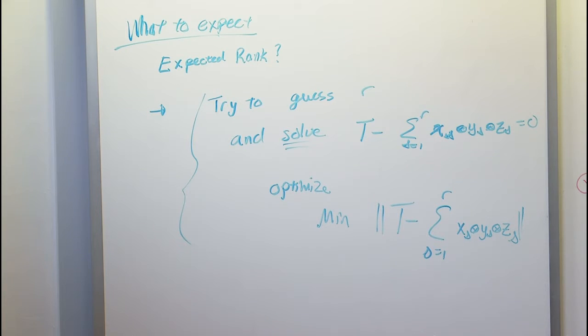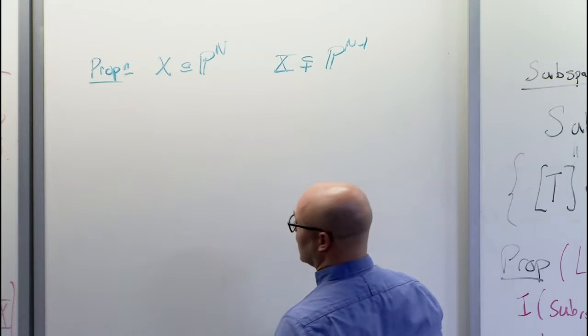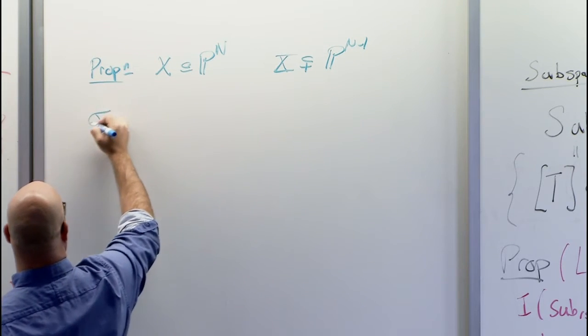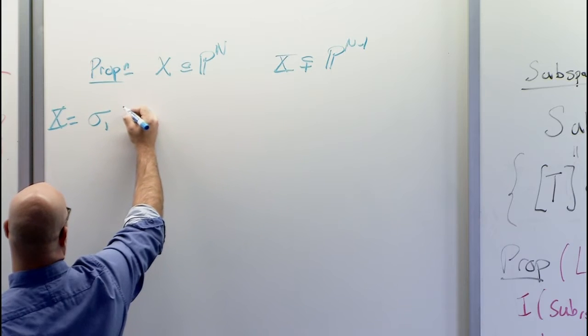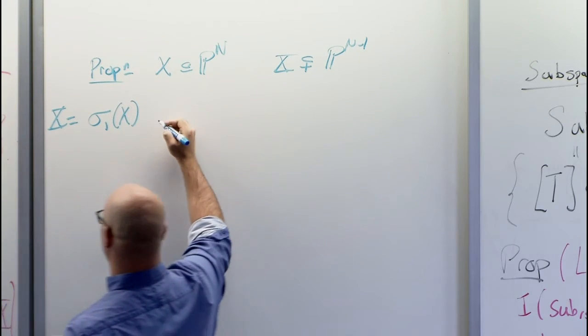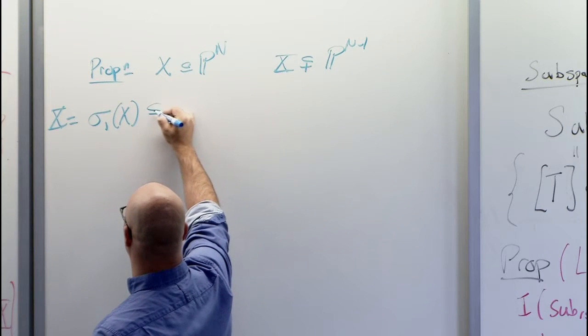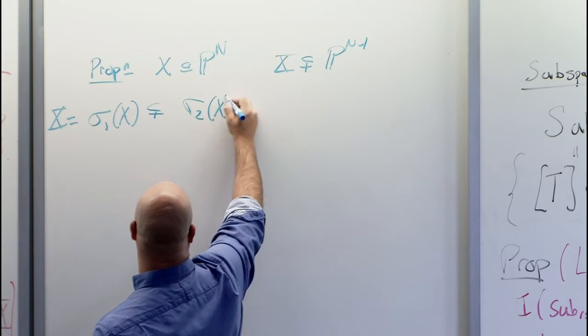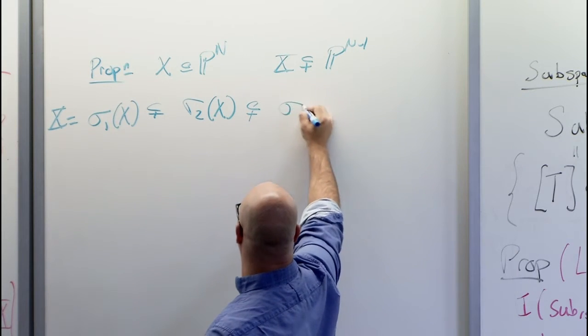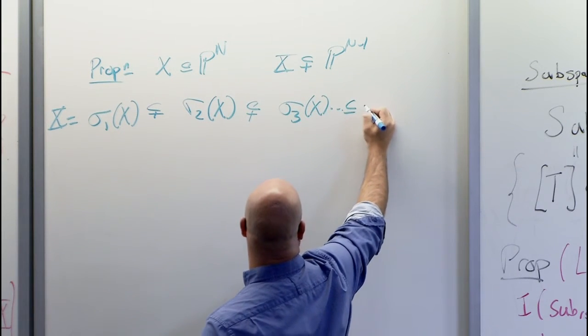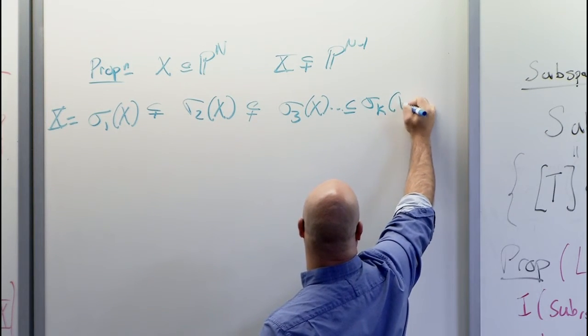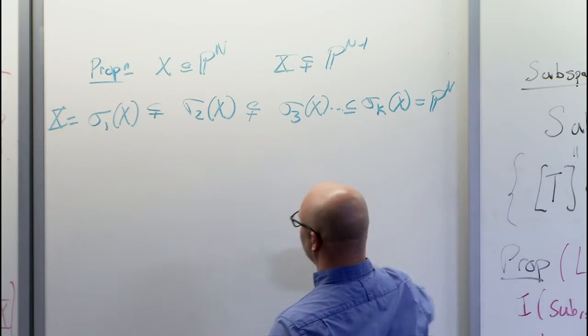Okay, so what should you expect? Let's suppose we have an algebraic variety X in Pn which is linearly non-degenerate, so it's not inside of Pn minus 1. Then the first secant variety, the secant points, is just X, contained in the second secant variety, and so on up to some k, which is equal to Pn.